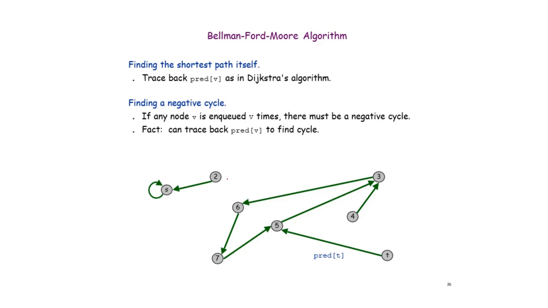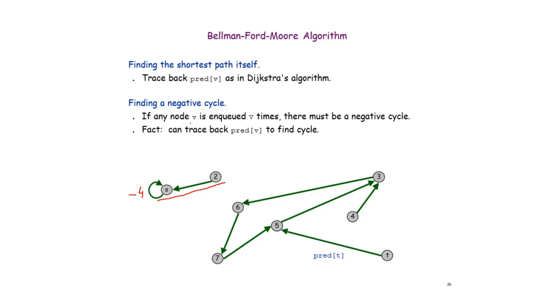For example, let's say that we have this kind of graph, where we go from vertex 2 to S, and S has a loop to itself with a negative value, let's say negative 4. It can do the cycle many times and decrease the cost of the path, which is actually not correct.